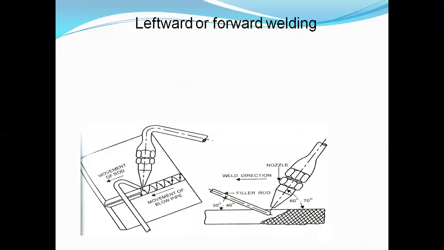In leftward or forward welding, in the simplest way, the welding moves from right to left. That is, the welding process starts from the right side and moves to this side while doing the welding operation. If the welding starts at the left position and moves to the right side, that is rightward welding.